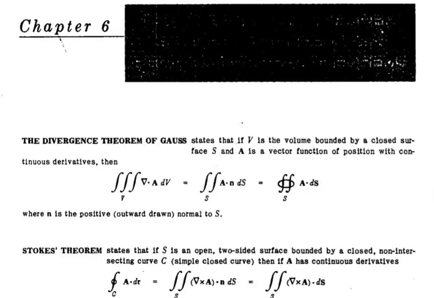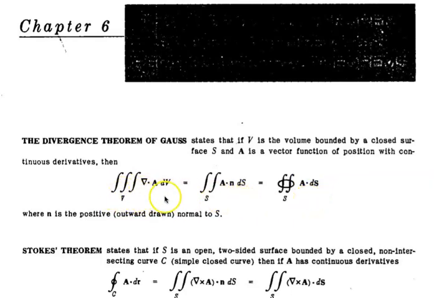It states that if the volume V is the volume bound by a closed surface, so a closed surface like a basketball or the room that you're sitting in, and A is a vector function of position, x, y, z, for instance, with continual derivatives, then the volume integral of the divergence of A, the first expression, is equal to the closed surface integral of A dot n dS, or go on and absorb the unit vector n in dS and then have the closed surface integral of A dot dS. That is the divergence theorem.